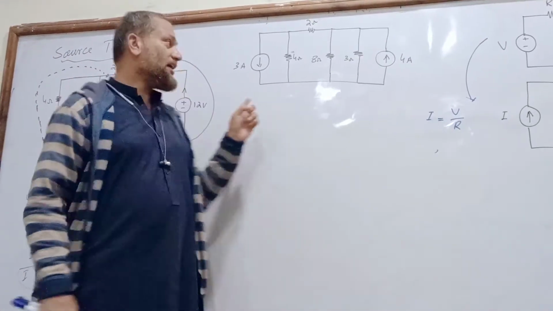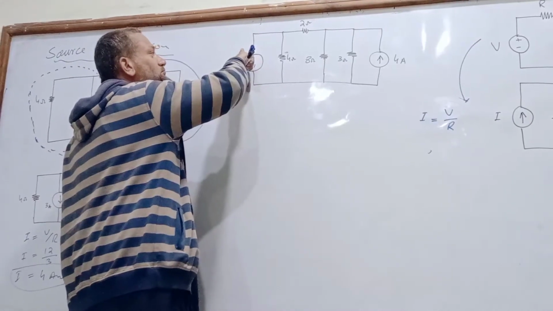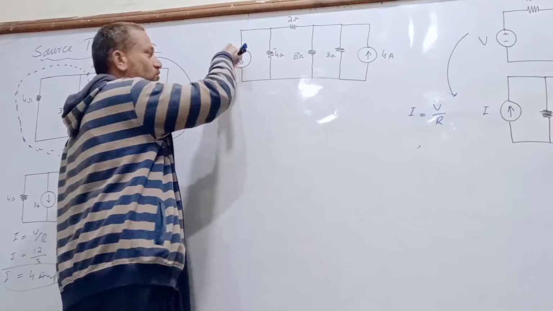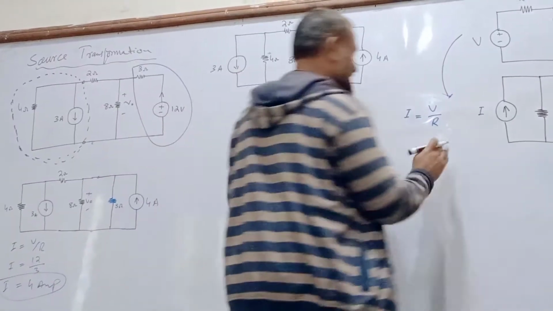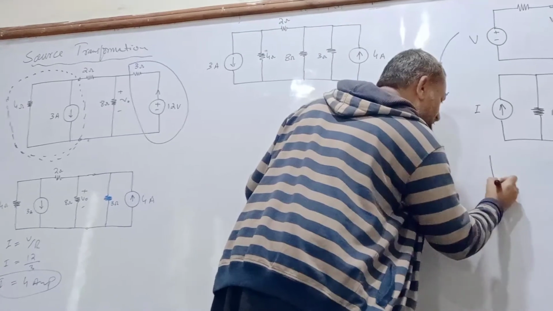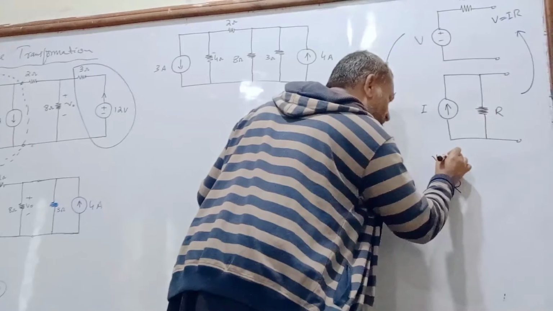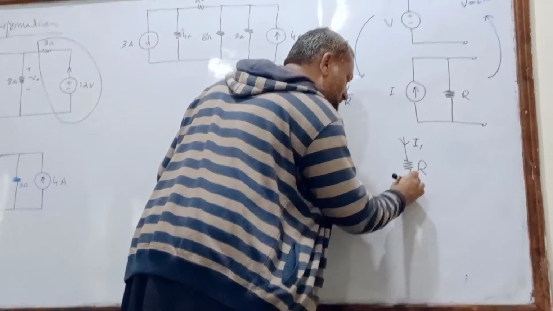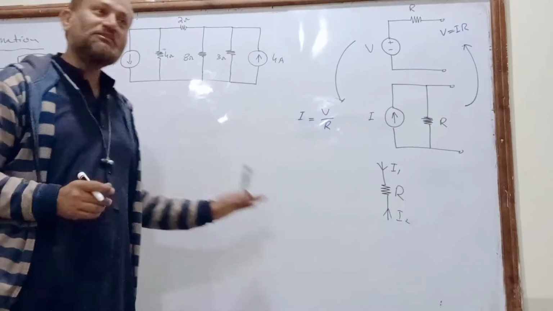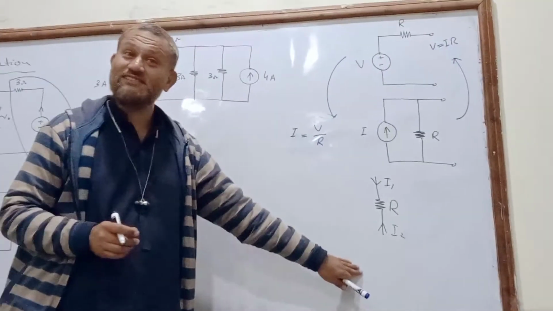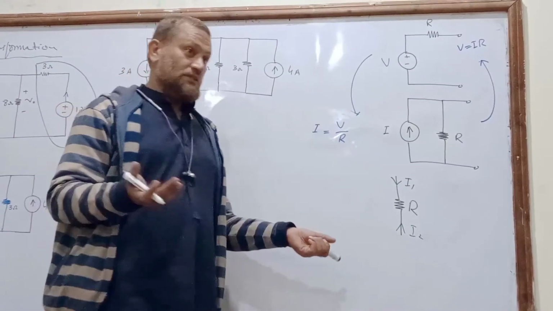matter, because if we have two current sources, one downward and one upward, and resistance R is over here. One current is downward, that is I1, and one is upward, I2. What will be the resultant current in this resistance? I1 minus I2 or I2 minus I1.